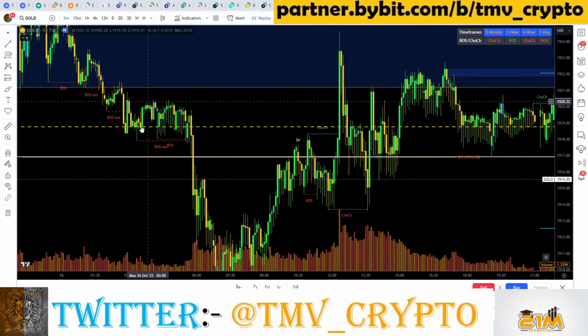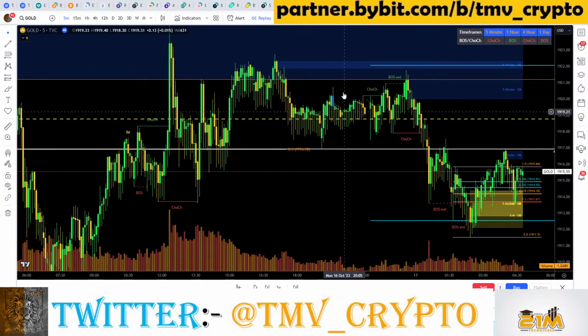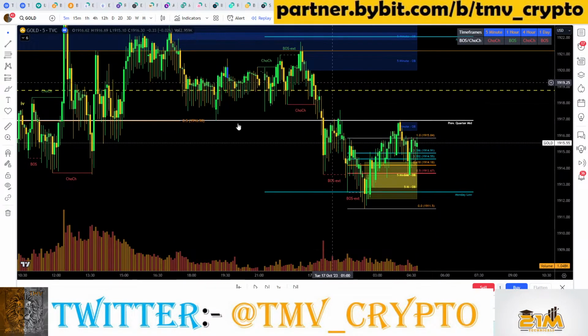A light blue candle indicates a bullish engulfing candle, and a lot of buy activity is happening here. The bearish engulfing candle indicates that a lot of selling activity is happening here. A lot of sellers are stepping into the market, and this is now acting as another supply zone. So this is what you need to understand.